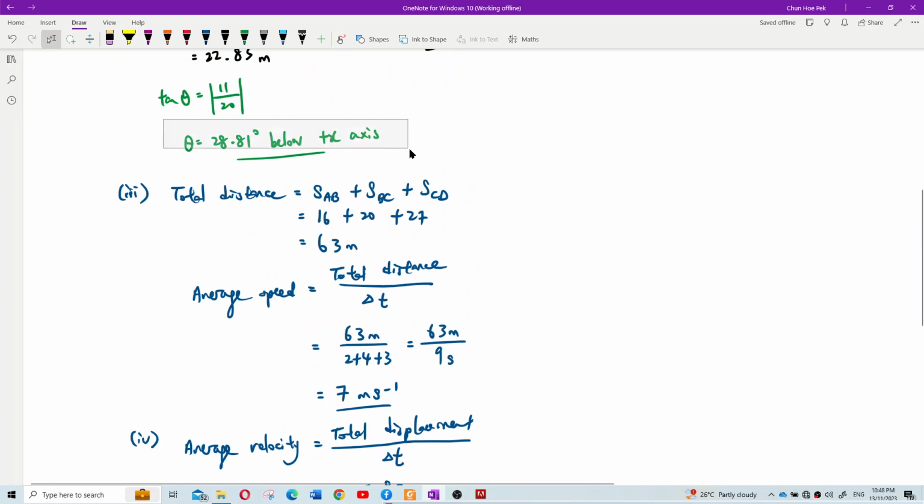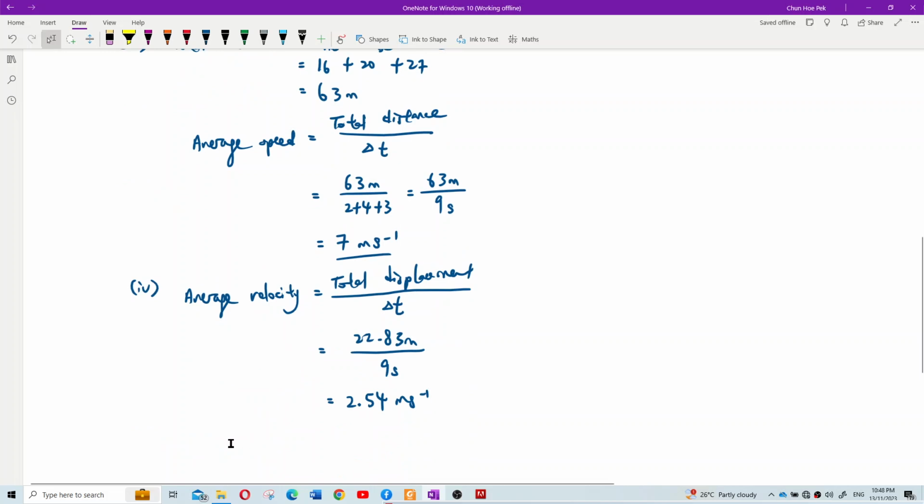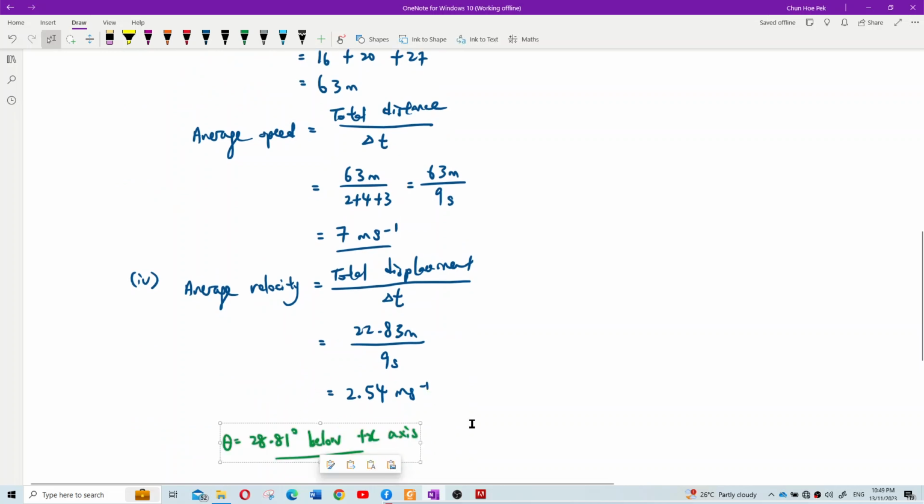The direction is the same as the displacement, this direction also. Because this is a vector quantity. Velocity is a vector. You need to give both magnitude and direction.